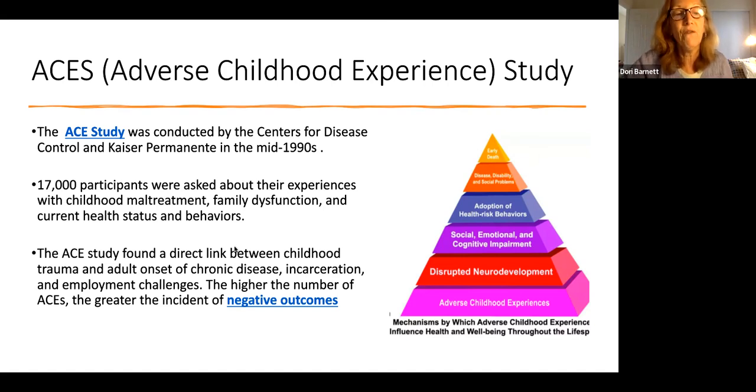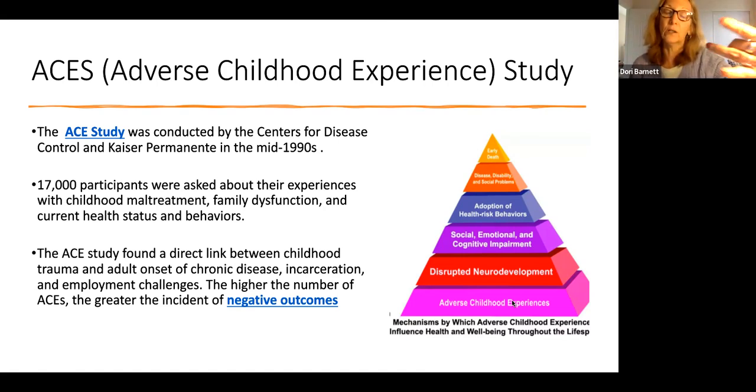What the study found is a direct link between childhood trauma and development of impairments as we move into adulthood. We've all had a couple of these. We couldn't get through life without a death in our family, and many people experience divorce. But the cutoff was around 5 or 6.